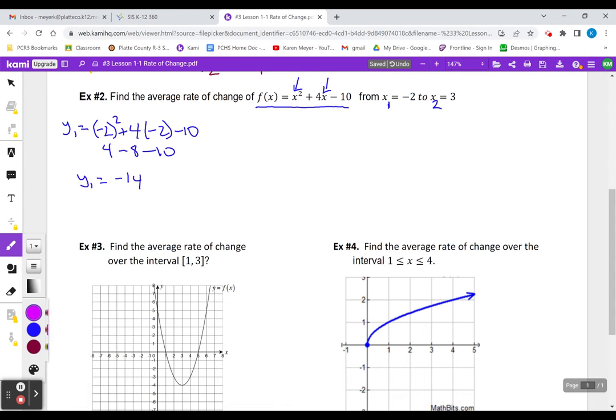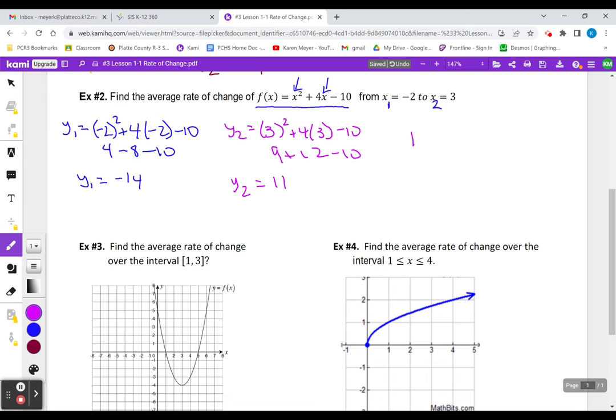Okay, for y2, go plug in 3 for each of the x's. And if I do that, I get 9 plus 12 minus 10, which means y2 is 11. So now remember, average rate of change is the same thing as slope.